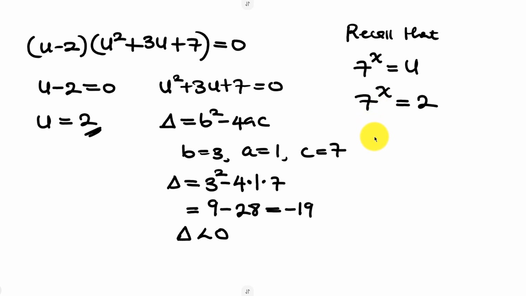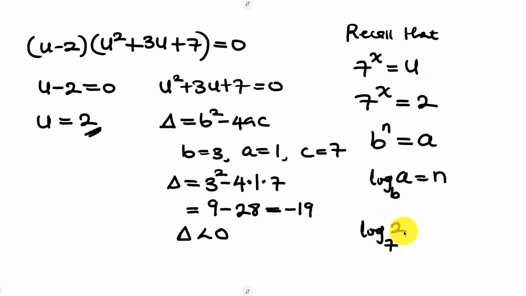There is a law of logarithm that says that when I have b to the power of n, which is an exponential form, this is equal to, we can use anything like say a. And to change this to logarithm, this can be written as log base b of a equal to the exponent n. So writing this the same way, we're going to be having log base 7 of 2 equal to x. So this is the value of x. So x is equal to log base 7 of 2 is the final solution.